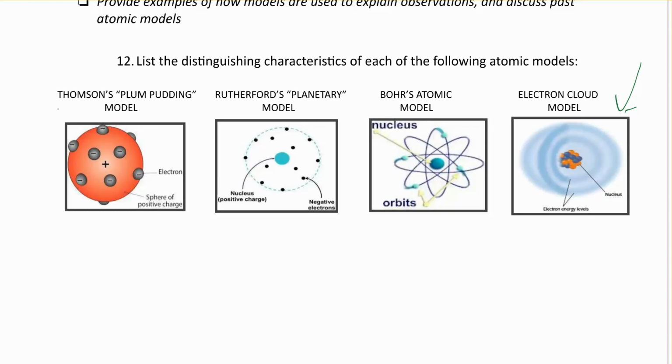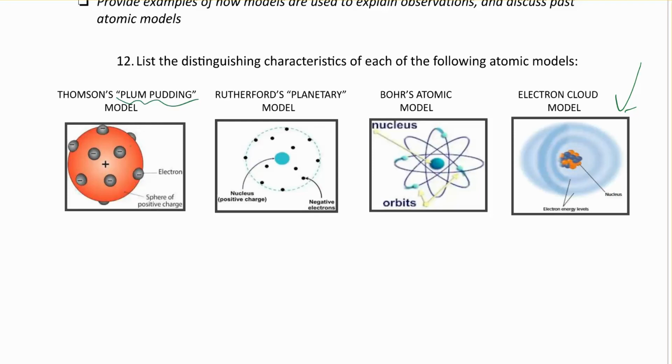But Thomson's plum pudding model, really shortly, he discovered that the atom had a positive aspect to it and a negative aspect to it. It's also called the raisin bun model, which might make a bit more sense to you because I think a lot of people don't know what plum pudding is.